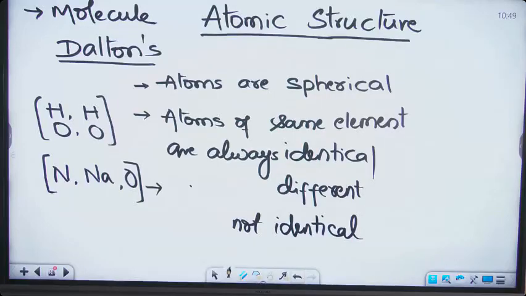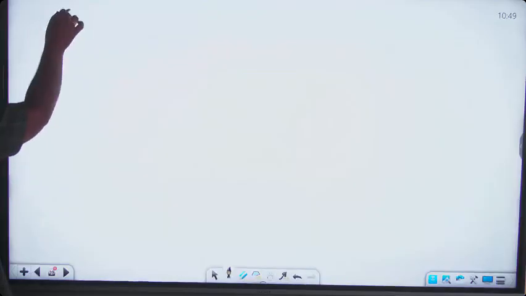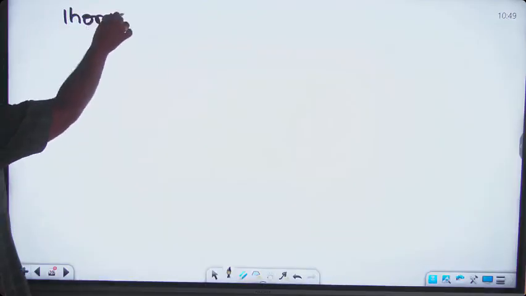Two or three different atoms combine to form a compound. So these are some of the postulates of John Dalton's model. Then after Dalton, we talk about Thomson's atomic model.